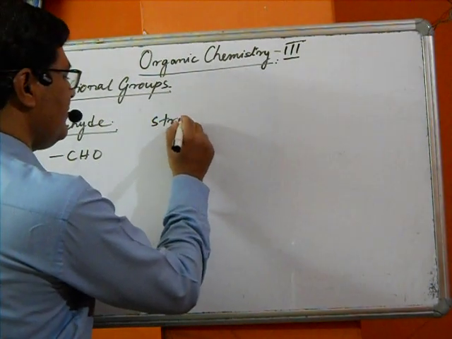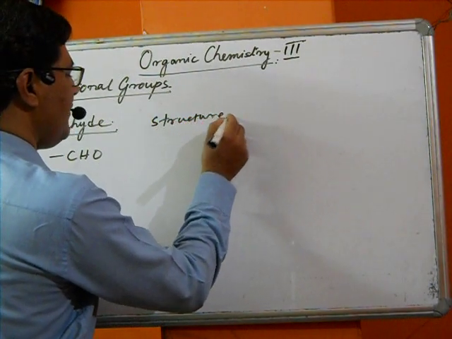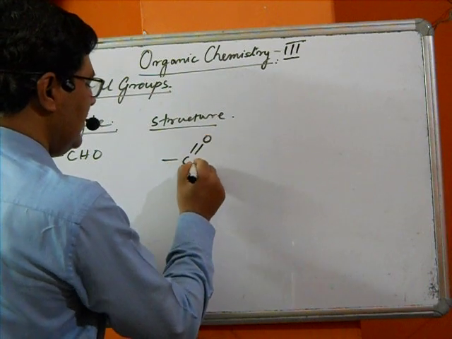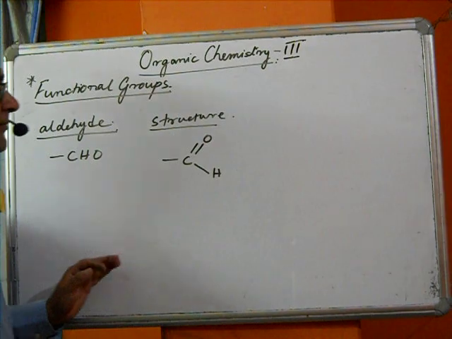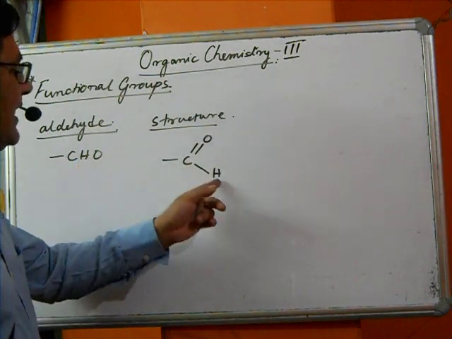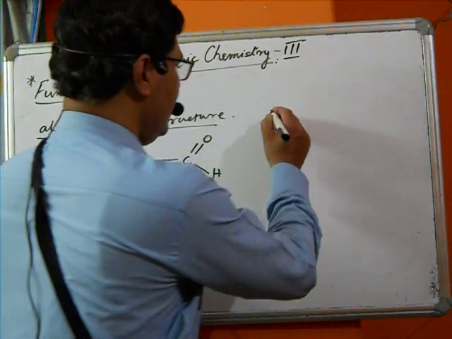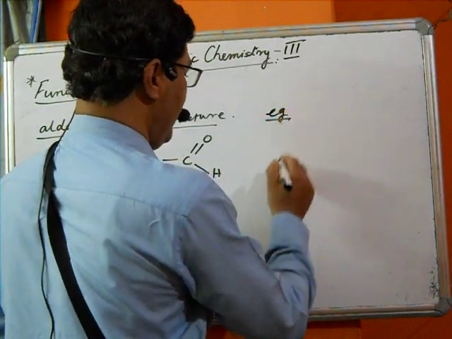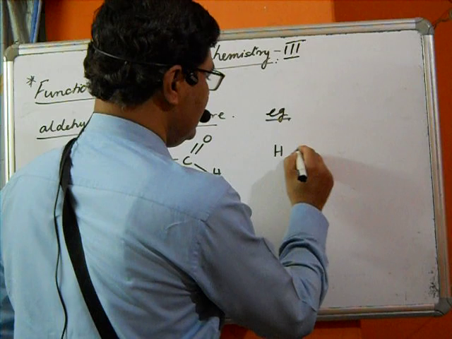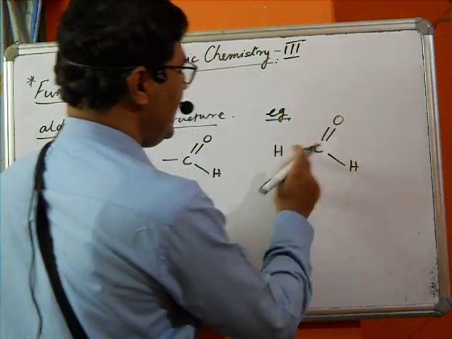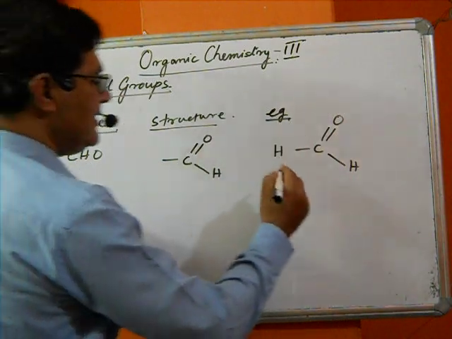Structure, please remember the structure of aldehyde. Dash C double bond O dash H. This is the structure of CHO. Now, example, let's see. H dash C double bond O dash H, HCHO.